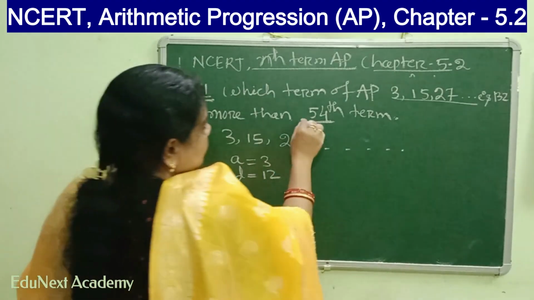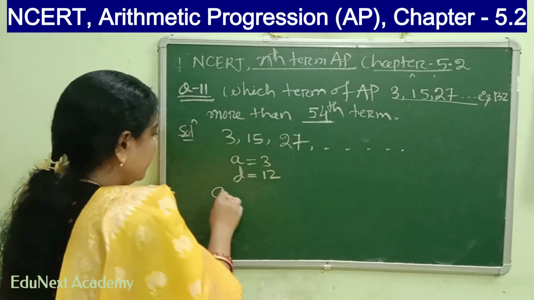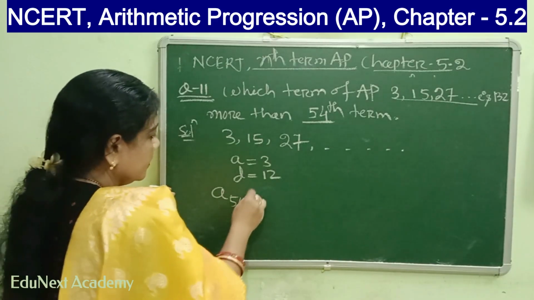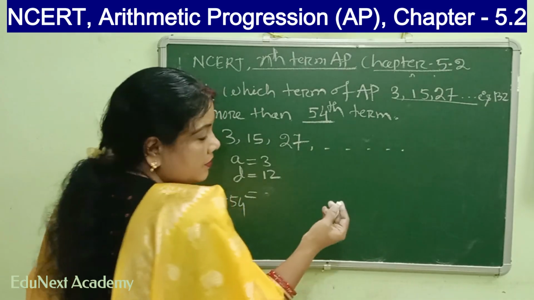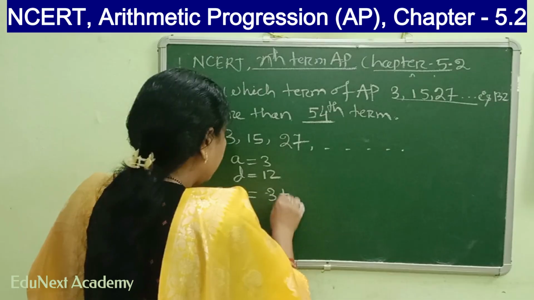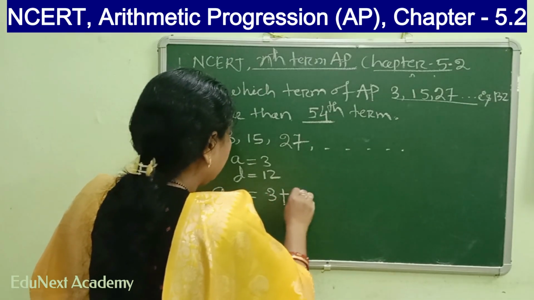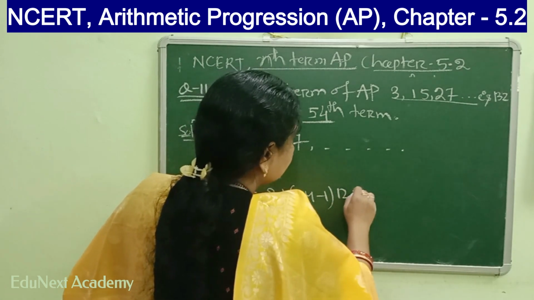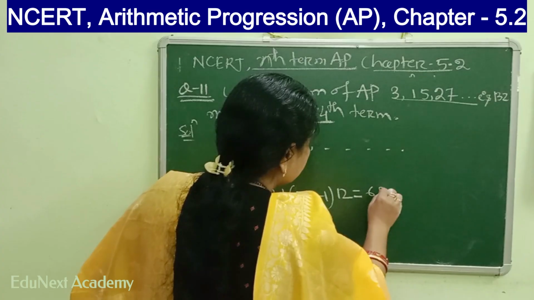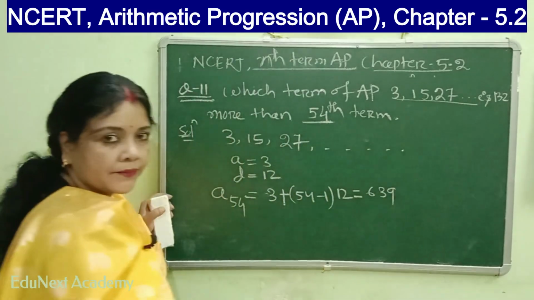Now we have to find out a54. That is nothing but a plus n minus 1 into d, the formula you know. That is a plus 54 minus 1 into d. And after solving we got 639.